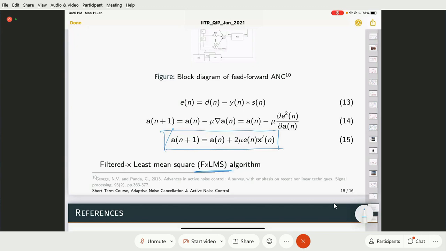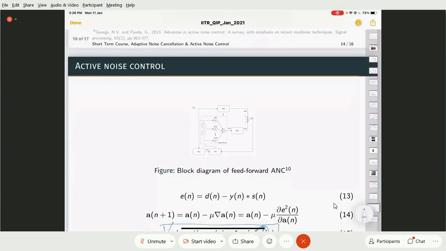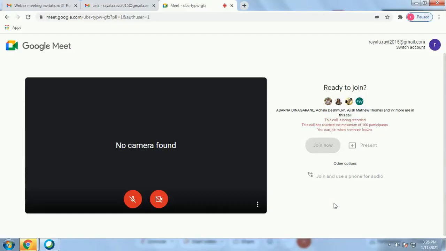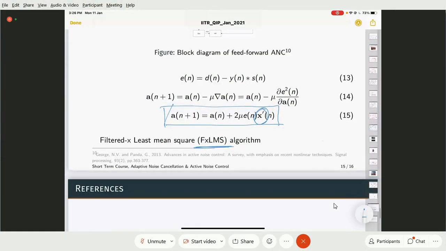Why? Because there is an X dash instead of an X. I have an X which has been filtered through another filter, which is the secondary path model. So we get an algorithm called the FXLMS algorithm, which is usually the most popular algorithm in an ANC system.